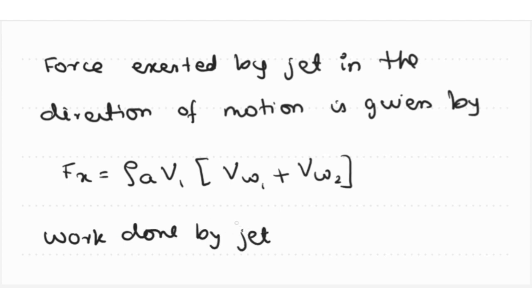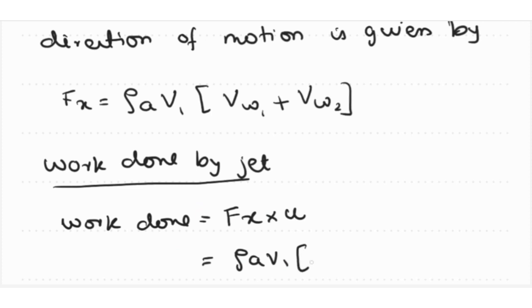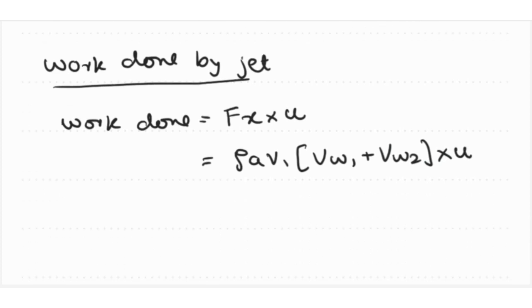Work done by the jet per second can be calculated using work done is equal to Fx into u, where u is the velocity of wheel, so that is rho a V1 (Vw1 plus Vw2) into u. That will be in the unit Newton meter per second.